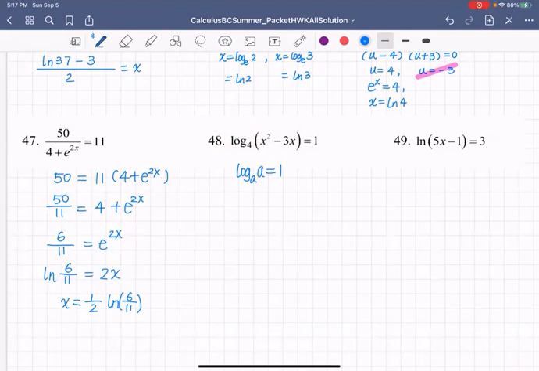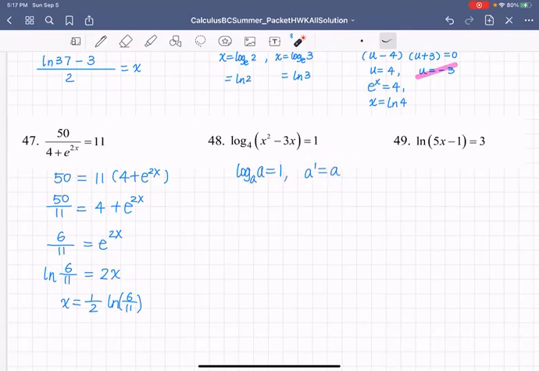So then, does this make sense to you? Because a to the power 1 is a, okay? Look, a to the power 1 is a. So log a of a equals 1, correct?